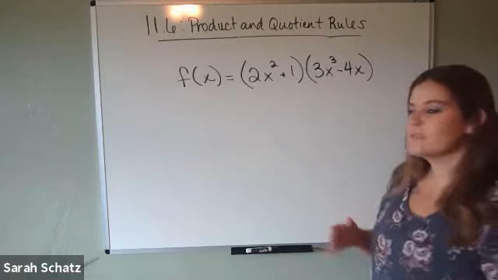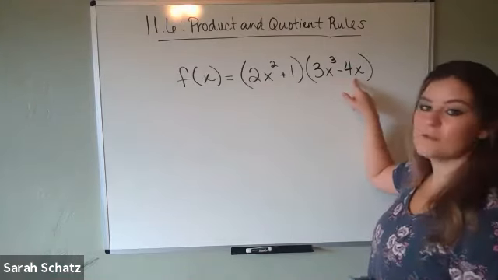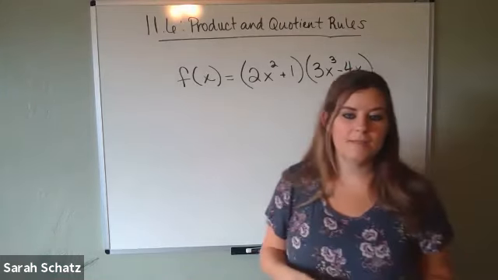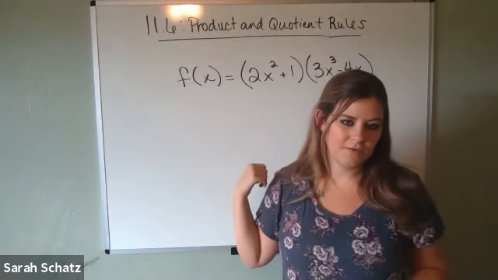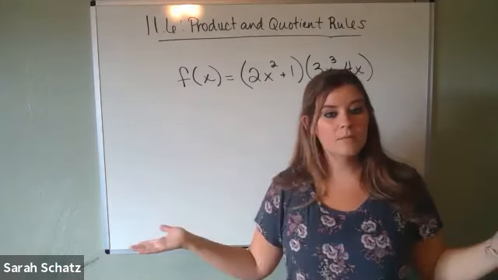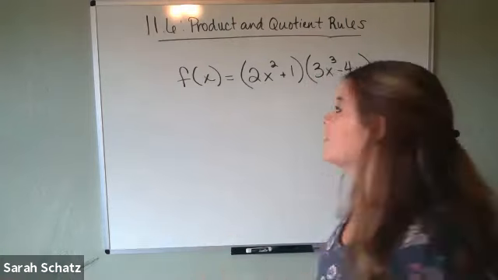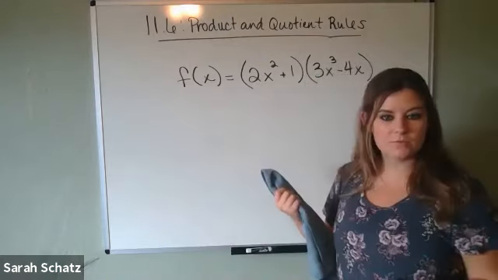So when I look at this, yes, these terms in here are a little more complicated than last time. Again, I would still just FOIL this out and work from there. But remember, FOIL doesn't exist today for us. So we're going to use the product rule.